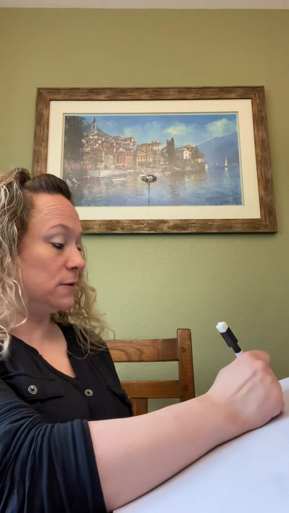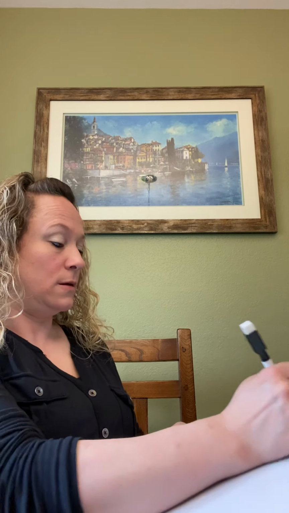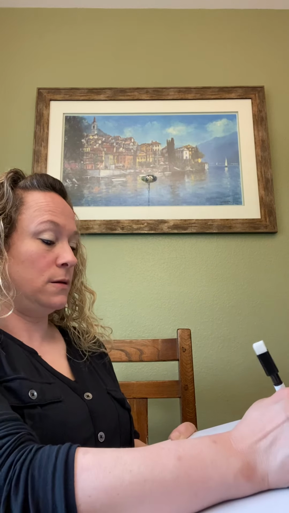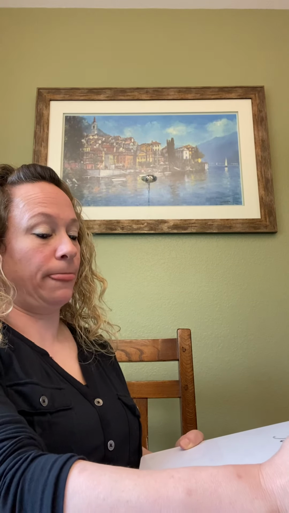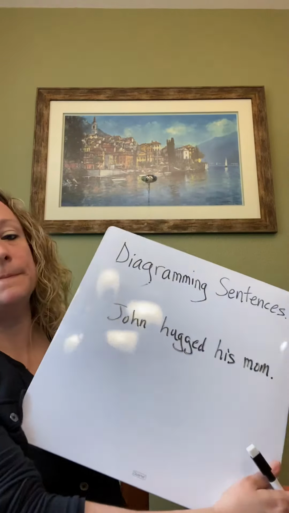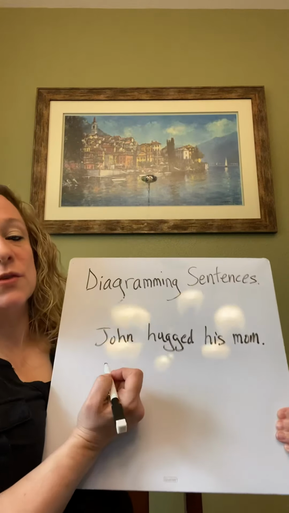Okay, I have one more. So the last one has a little bit more to help you see this differently. Okay, so John hugged his mom. Okay, so John is your subject.